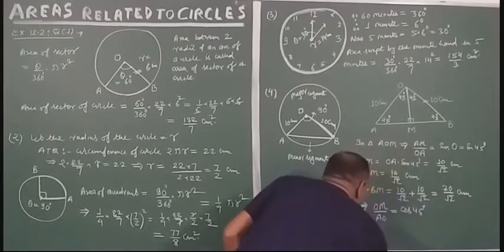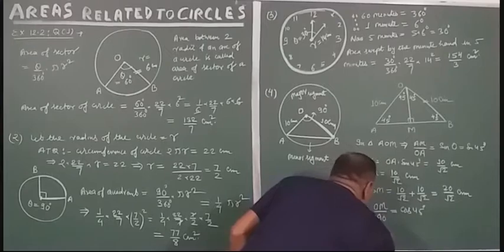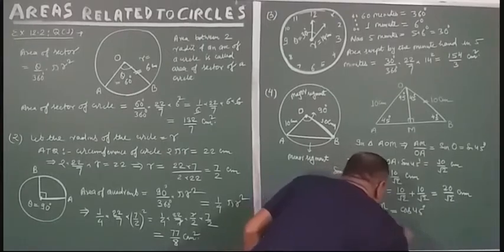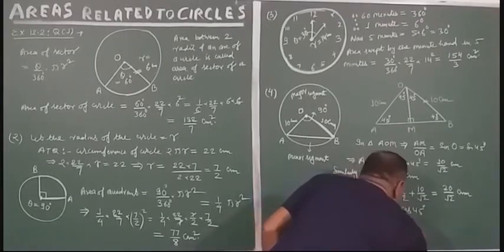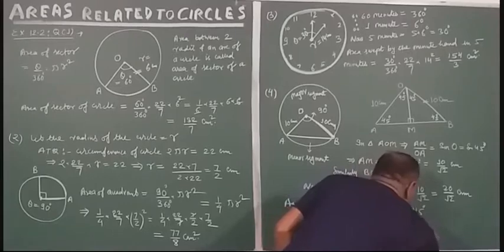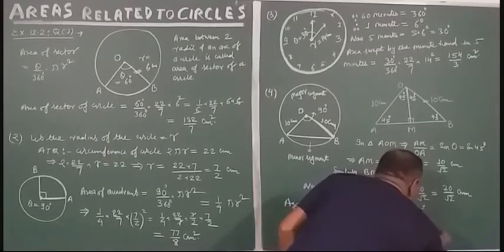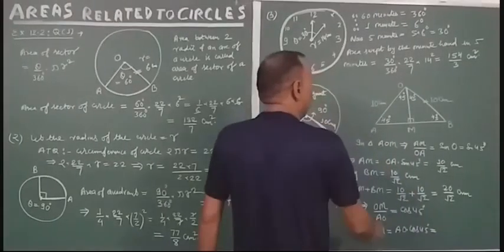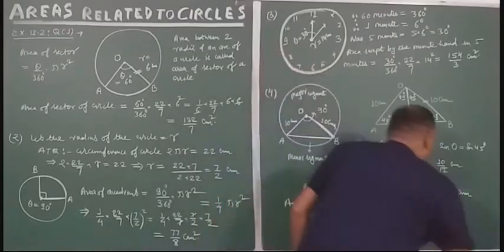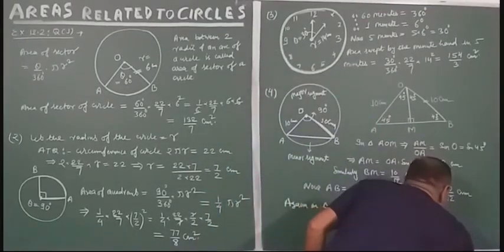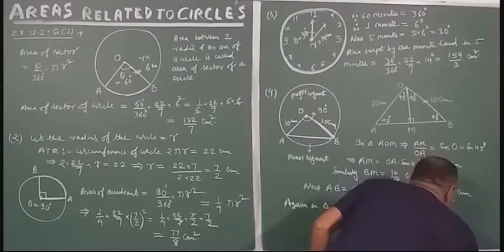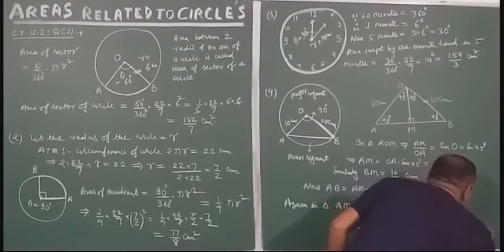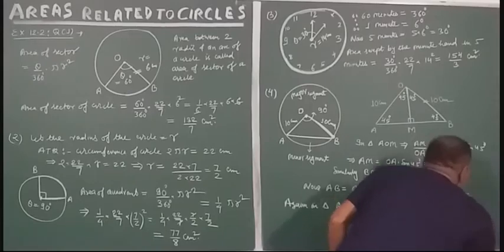So from here you can calculate OM is equal to AO into cos 45. What is the value of AO? That is 10. And cos 45 is 1 upon under root 2. So this will be 10 upon under root 2 centimeter.